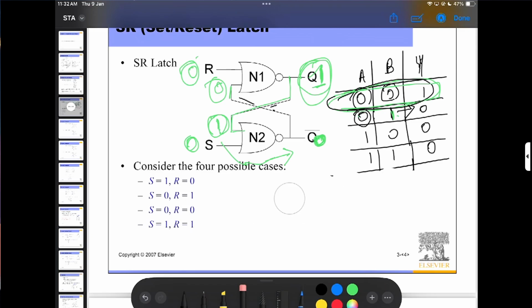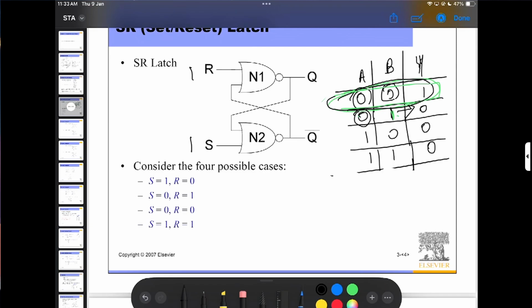Now analyze S and R both 1. Let's assume my S and R are both 1. No matter what, if my NOR gets one input as 1, then my output is always 0. No matter what the other input B is. So if any input is 1, then my output is always 0.